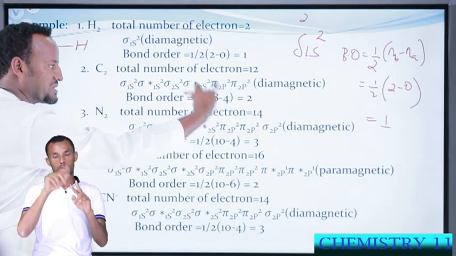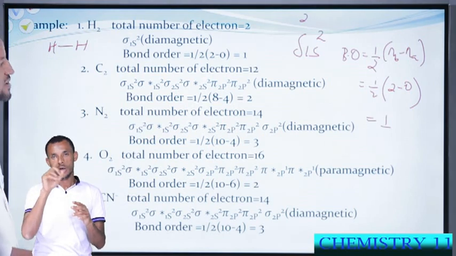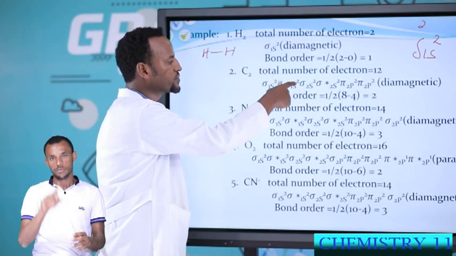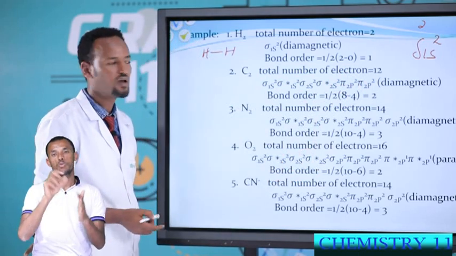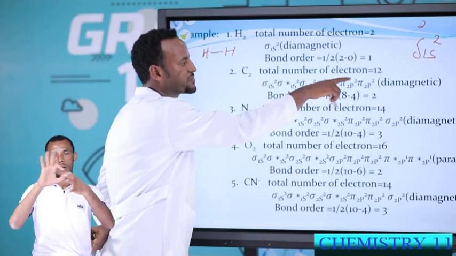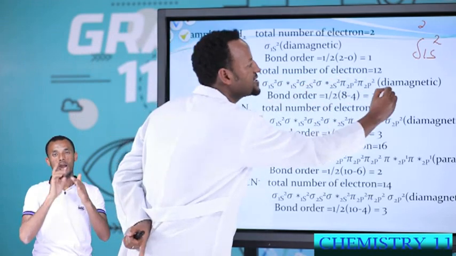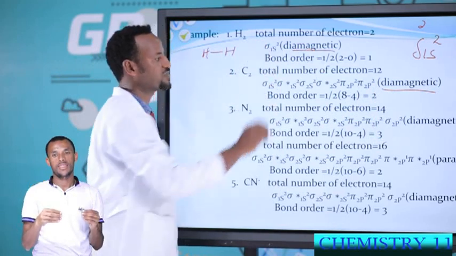Why pi 2p? One is for x, the other is for y, and so on. Look, 1, 2, 3, 4, 5, 6. 6 means 12 electrons. All the electrons are paired. This is diamagnetic.